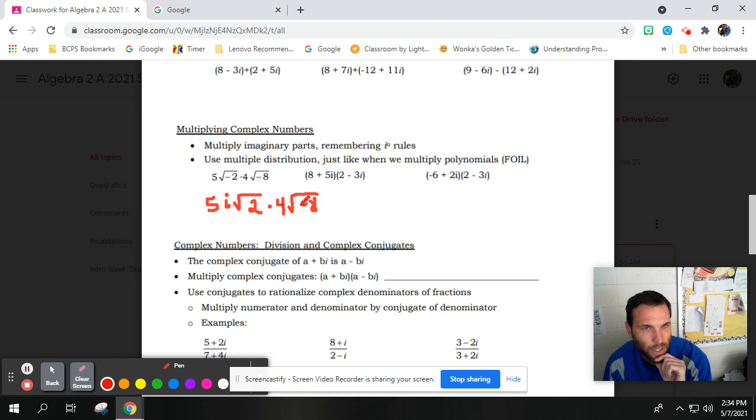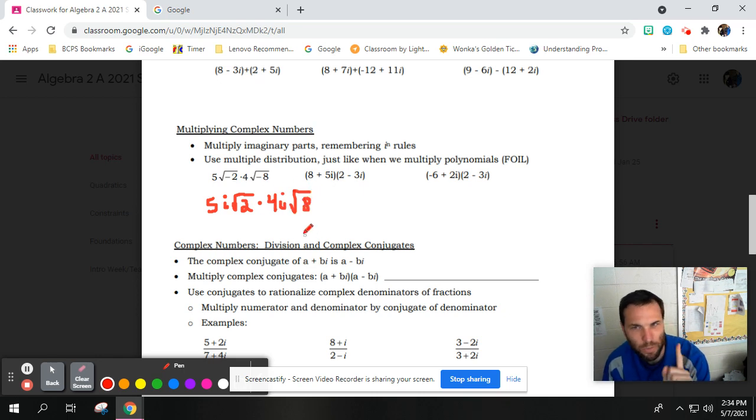There's a special trick right here. I'm going to pull the i out first, but you can do it the other way. So this is 4i root 8.